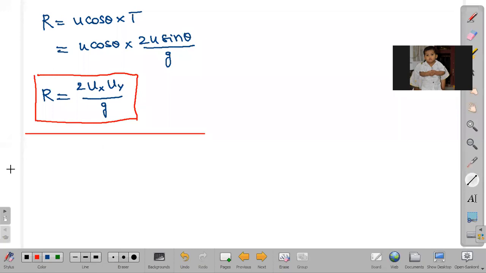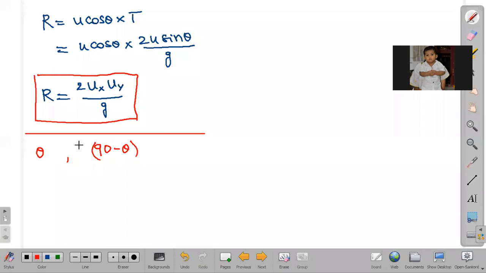Next, if I go with the complementary angles concept, previously we did complementary angles in the case of time of flight. The same complementary angles, if I take one angle as theta, the complementary angle of this is 90 minus theta, right? So for these two complementary angles we check the horizontal range.